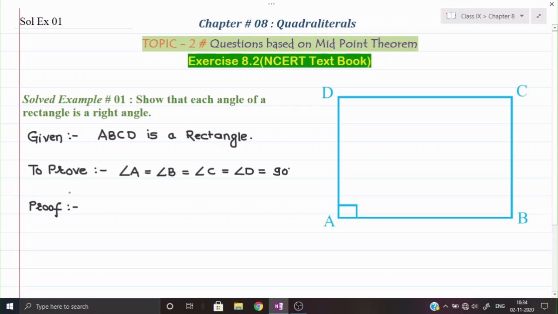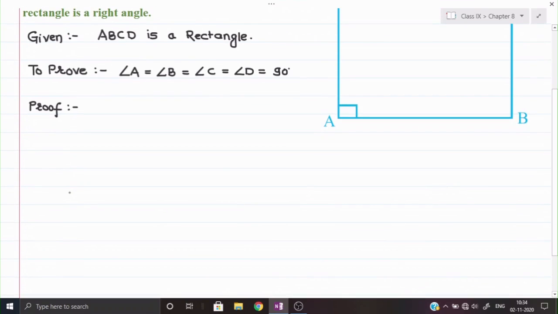Now proof. First in the proof we will mention the basic definition which we have for the rectangle. So here we shall write down, since we know that every rectangle is a parallelogram.